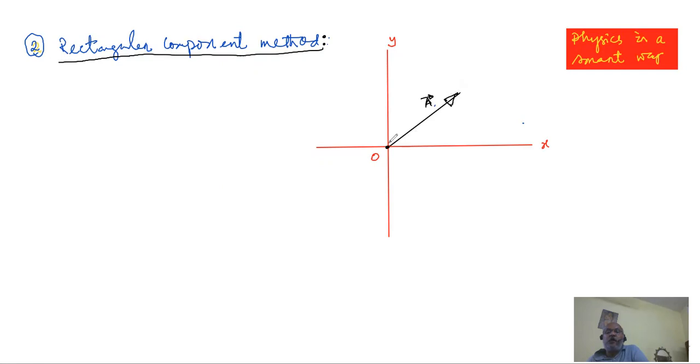But you are not allowed to go in such an odd direction. All of your movements are either parallel to the x-axis or parallel to the y-axis. They have to be. So you start from the tail and end at the head, but your movements are restricted. Either you move parallel to the x-axis or parallel to the y-axis.